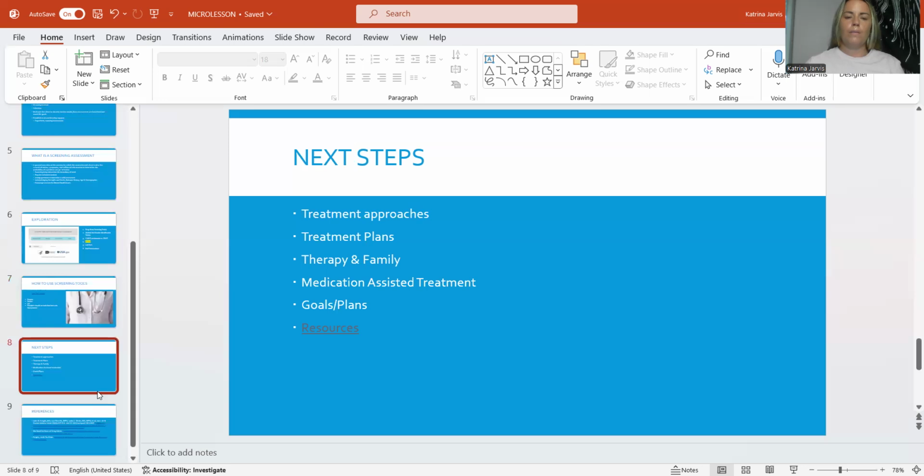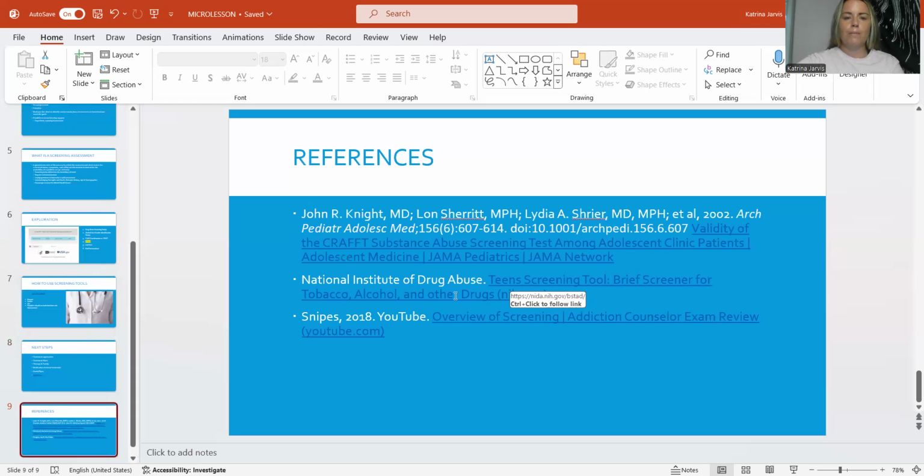In this case, it's not necessary, but we already covered medication-assisted treatment, and we focus on their goals and plans for the future regarding abstinence or cutting back. And that's all I have to say on screening tools. It was a quick review, and these are my references if you'd like to check them out yourself.